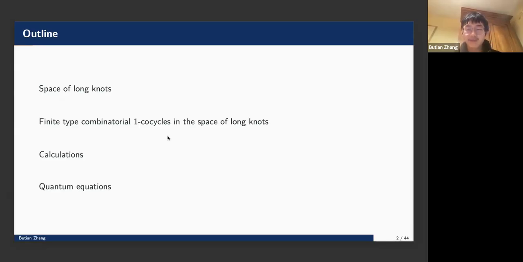For part 3, if time permits, I shall briefly introduce the method for the calculation. And furthermore, we will talk about recent joint work with Thomas Fiedler about the quantum equations derived from a regular one cycle. So let's start.